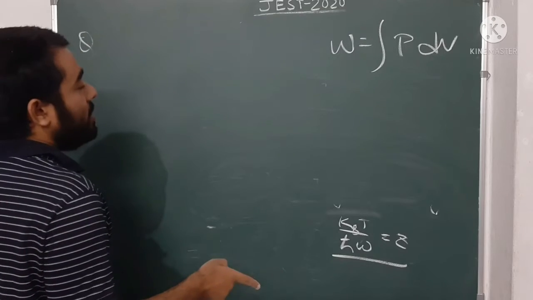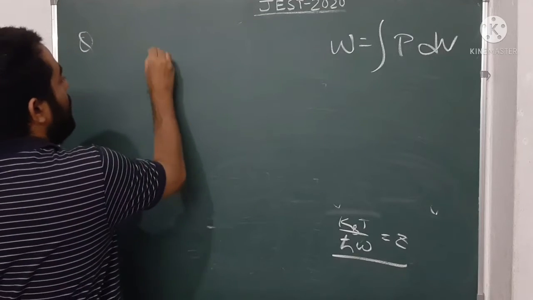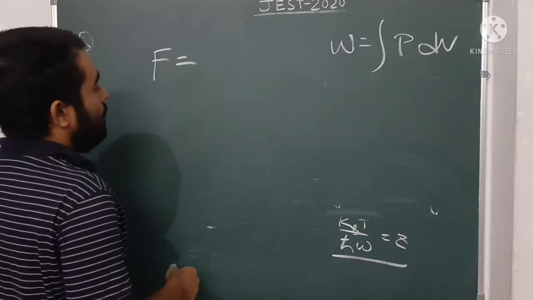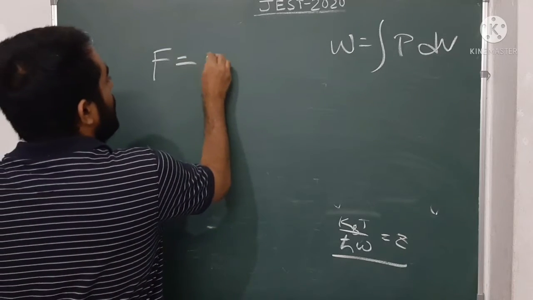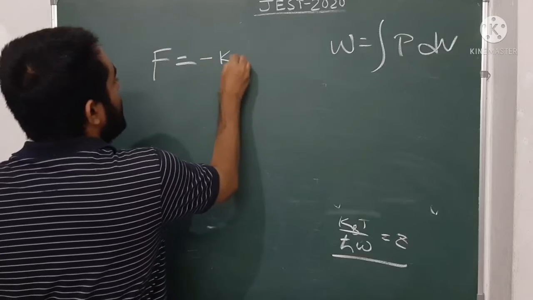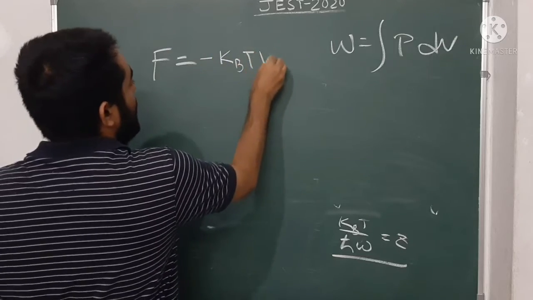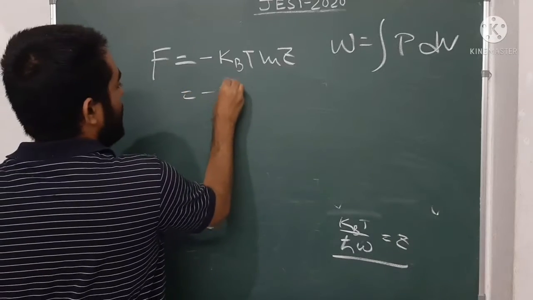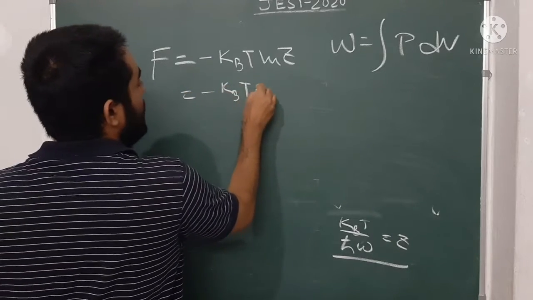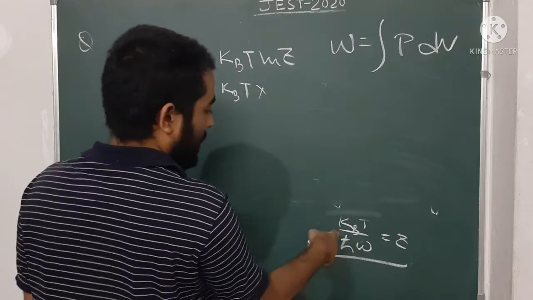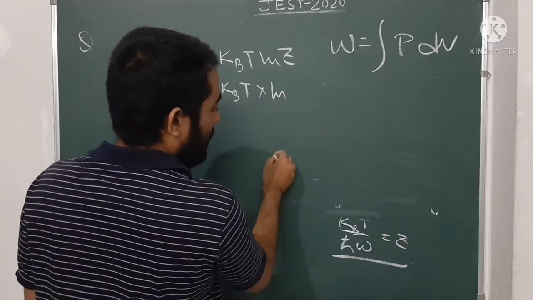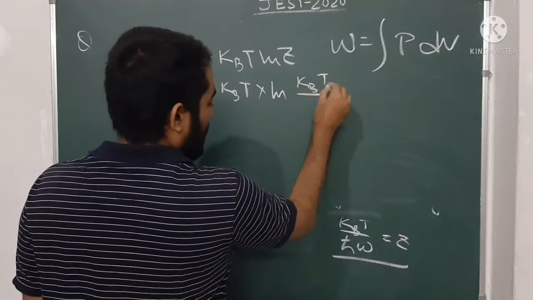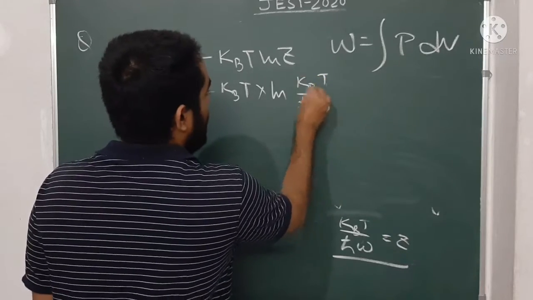So if Z is given, we can find the Helmholtz free energy F by minus kBT ln Z. So minus kBT ln Z means ln kBT by h cut omega.